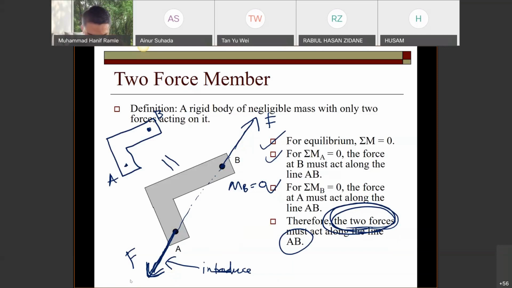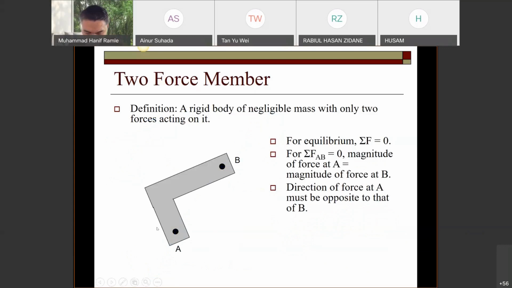Before the question, let me continue about the forces, the components. Just now I explained the moment. This time I will explain the equilibrium system for the forces. We know that the summation of forces must be equal to zero, meaning that the system will be in equilibrium. So for the forces at A and B, the magnitudes must be equal.